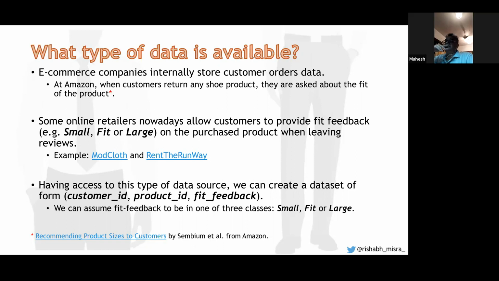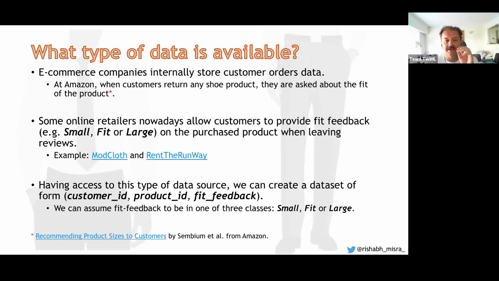The third one was labels. Hi there, Mahesh. The third thing you mentioned was the labels. Can you go into a little bit of detail? You've got the product ID, the customer ID, and then the labels themselves.